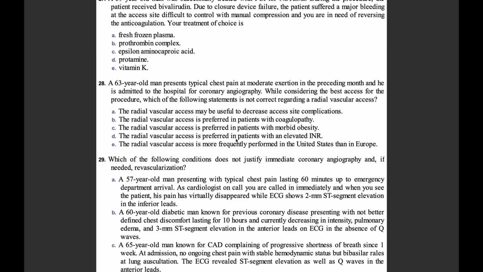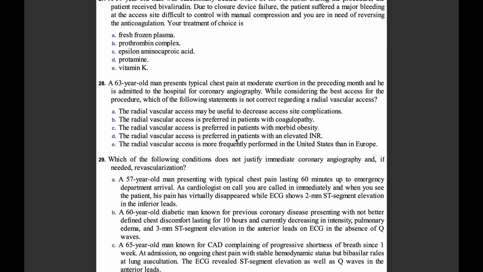In patients that have coagulopathy, you can easily just go to that site, apply pressure, and that will help you secure hemostasis. So option B, radial vascular access preferred in patients with coagulopathy, is also correct. Option A is correct.